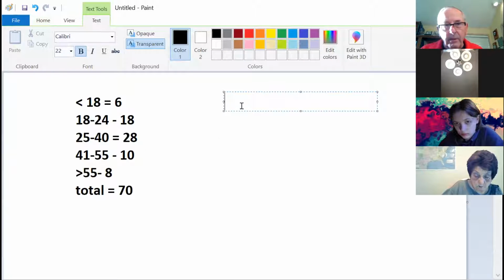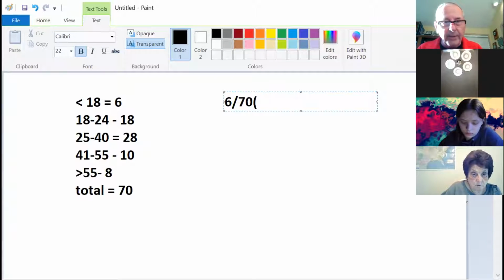categories. So that first one, at less than 18, you would take the 6 over the 70, right? And you'd multiply it by 100 because we want to get it in percent. So what's 6 divided by 70 times 100? Use a calculator.